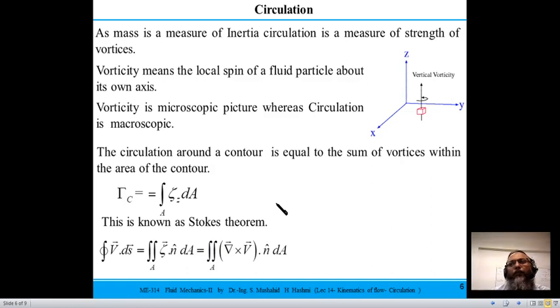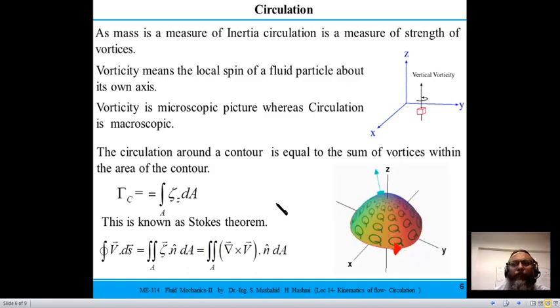There is a theorem called Stokes theorem. If you take the line integral of the tangential component of the velocity, that represents circulation, or you can write it in terms of the vorticity vector times the area.